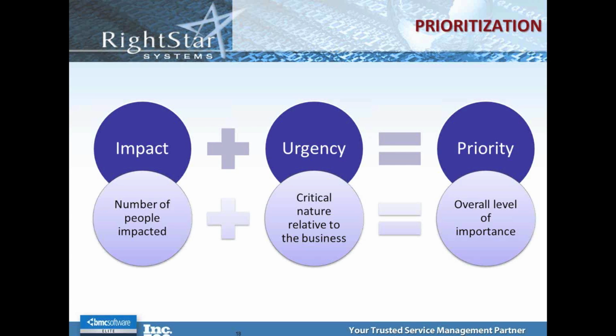So for example, if a particular incident has a high level impact, so this is impacting a large population, and the relative importance of the service involved is the highest, or it's the level 1 critical urgency, then we could say that that particular request would have a level 1 priority.